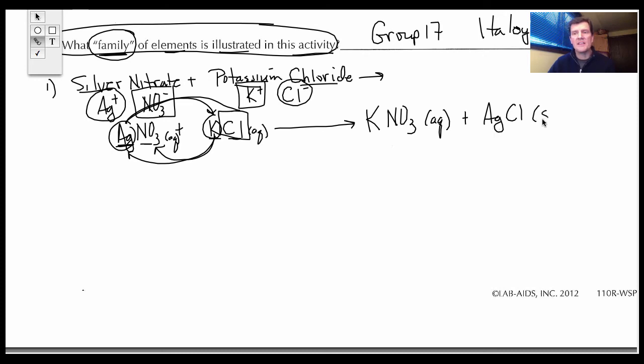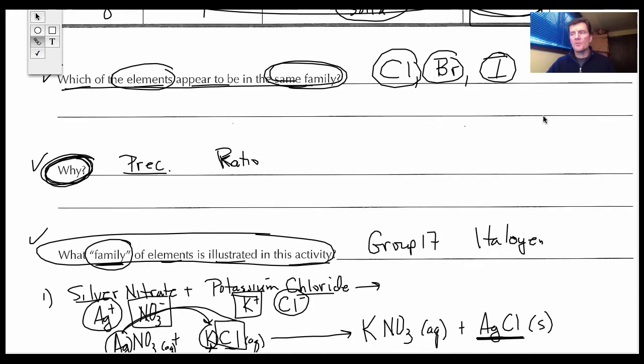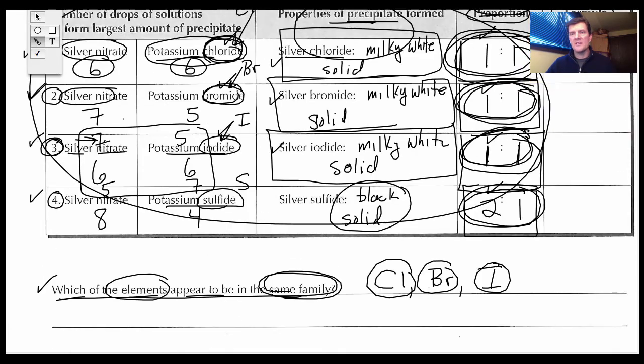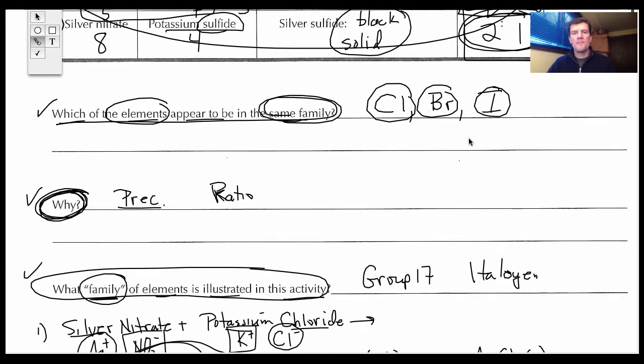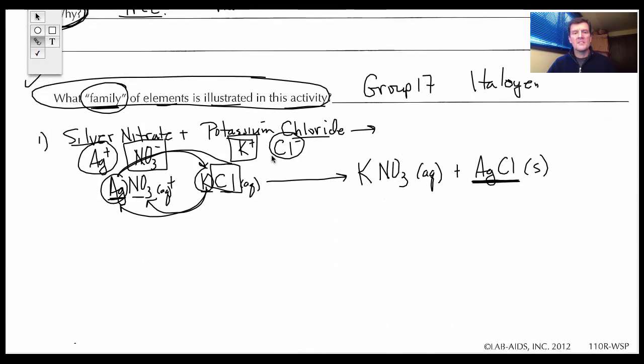So we're going to put S here for solid. So silver chloride is the milky white precipitate that you are viewing. And we're going to put its name right here in our table. AgCl. Okay? Is this reaction balanced? Yep. 1 Ag on both sides, NO3 on both sides, potassium on both sides, and chlorine on both sides.